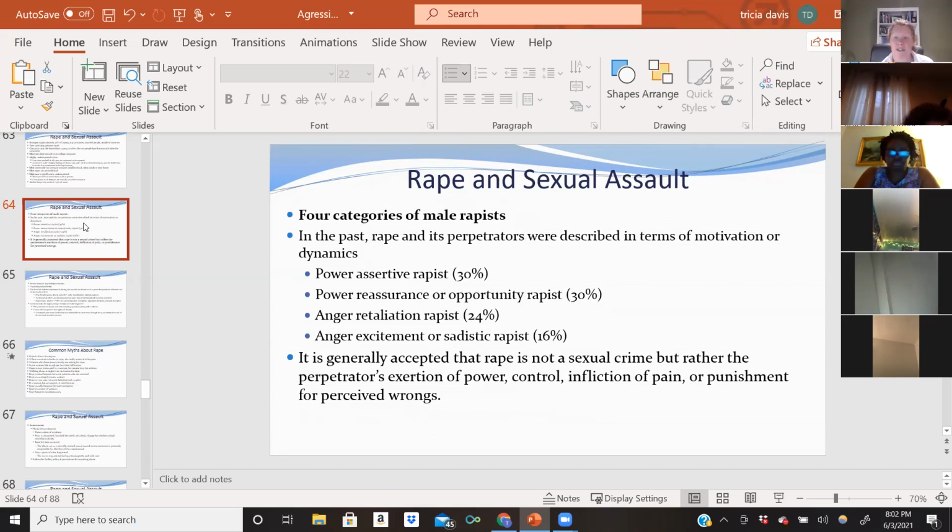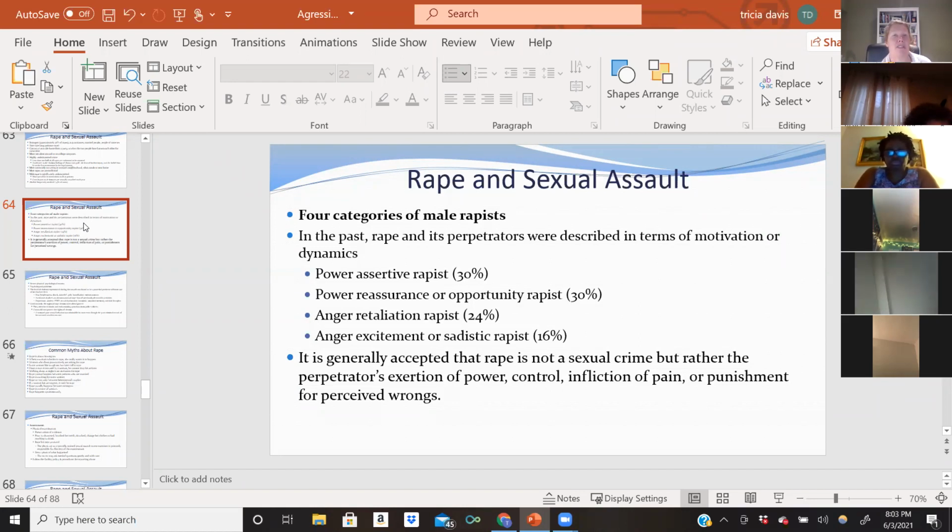Power reassurance or an opportunity rapist. So this is when the opportunity presents itself and they want to reassure themselves that they're still in power and that they can still have control. An anger retaliation rapist might not be angry at that person, but it could be another female that looks similar to them.